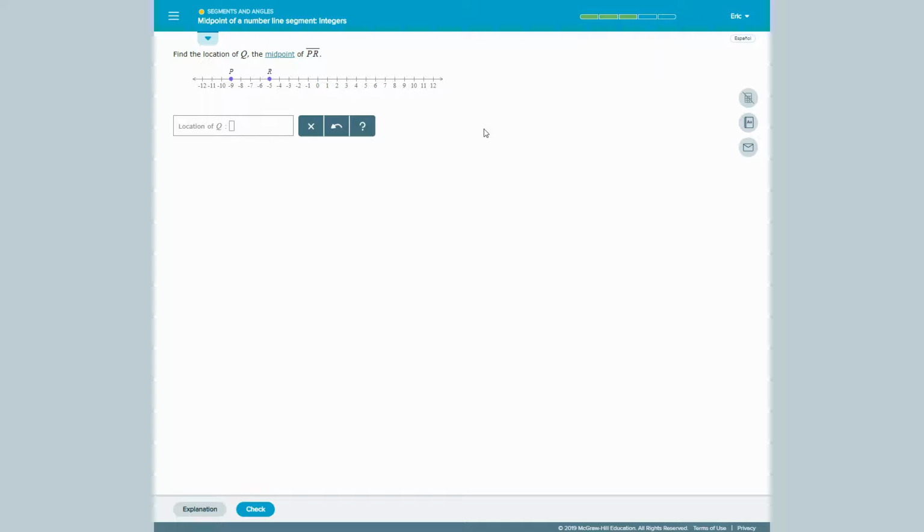So we are going to use our values of -9. I'm trying a new drawing software for these videos. So -9, and we have -5. To find the midpoint, we are going to find the absolute value difference of these two values. So if you remember, absolute value just means the distance from 0.